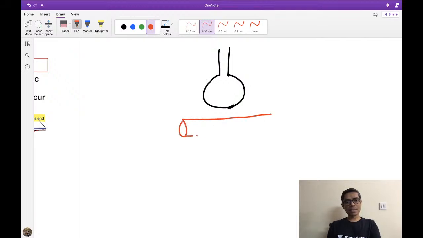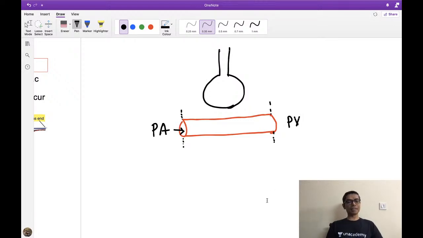From this side, this is the pulmonary artery, that means this is the arterial end of the pulmonary capillary, and this is the pulmonary vein. Blood is flowing in this direction. So this is the venous end of the pulmonary capillary, right? I have to understand how the oxygen diffusion occurs from this alveoli to the level of this capillary.